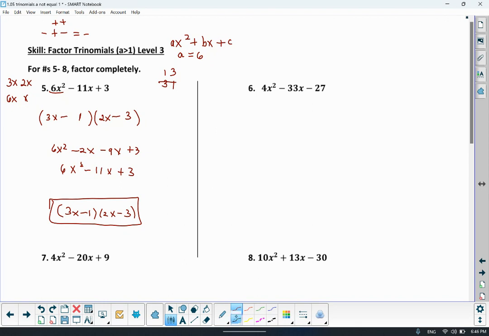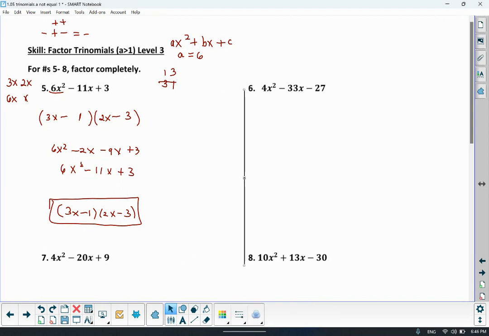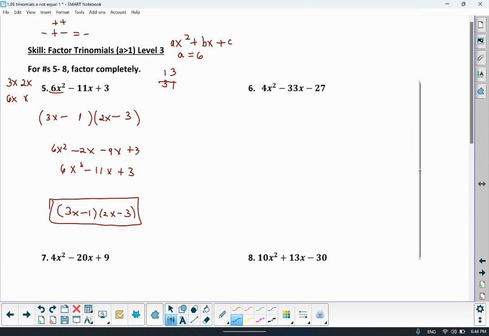Okay, next, I want to do that same problem, but what I want to do is use the split the middle technique.